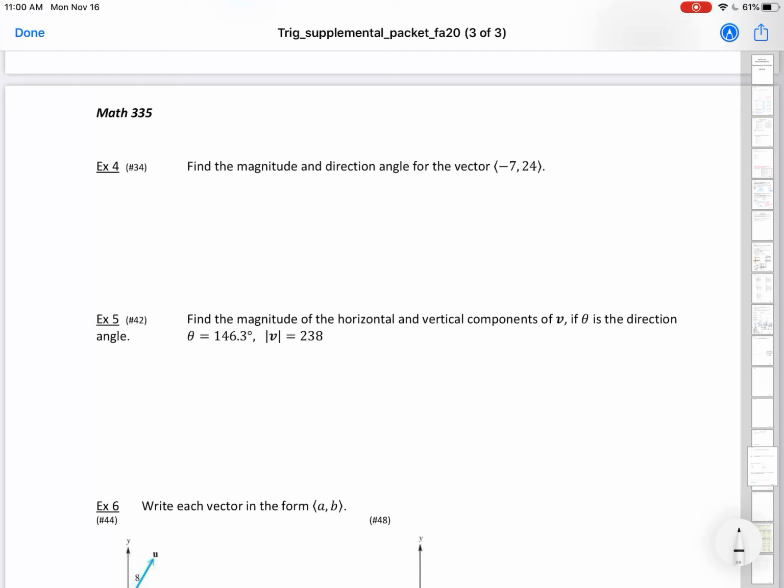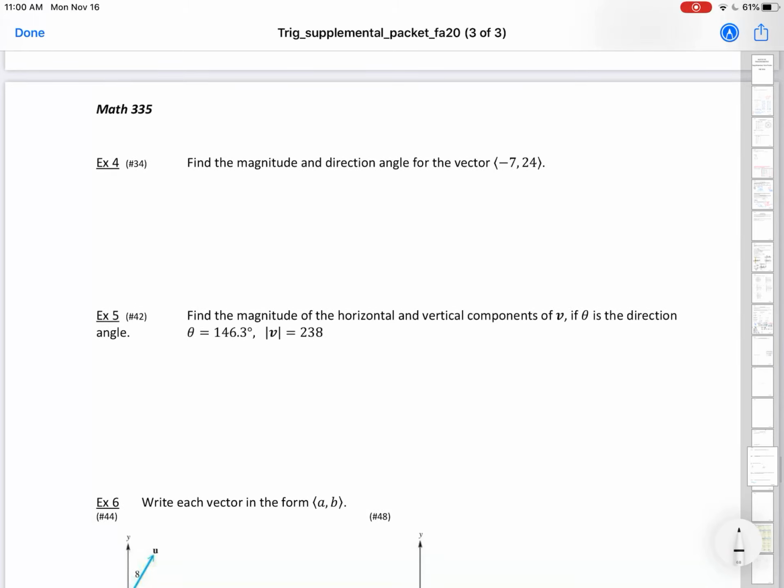And so now we need to use some of the principles that we found from before. So what we want to remind you of is that the magnitude of a vector is equal to the square root of a squared plus b squared, right? If that u was the vector AB. And then we also know that x is equal to the magnitude of u cosine theta and y is equal to the magnitude of u sine theta.